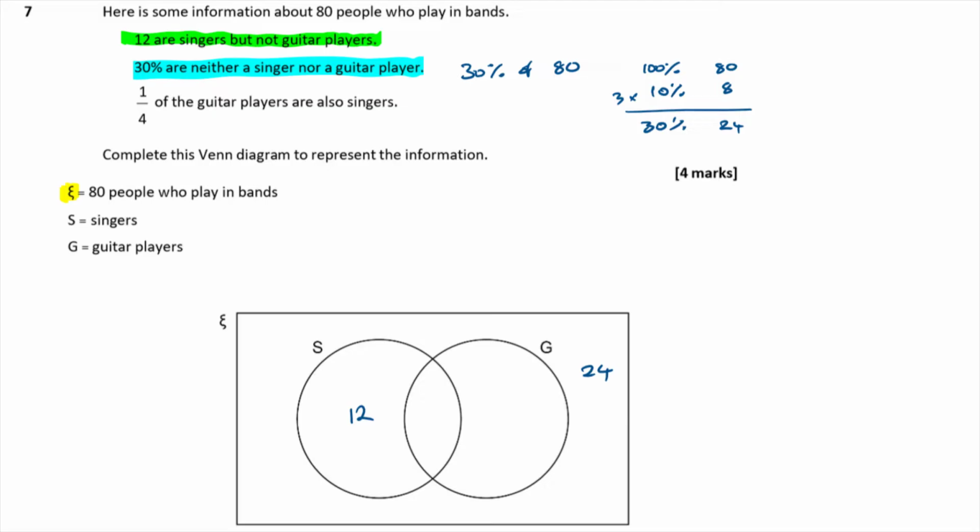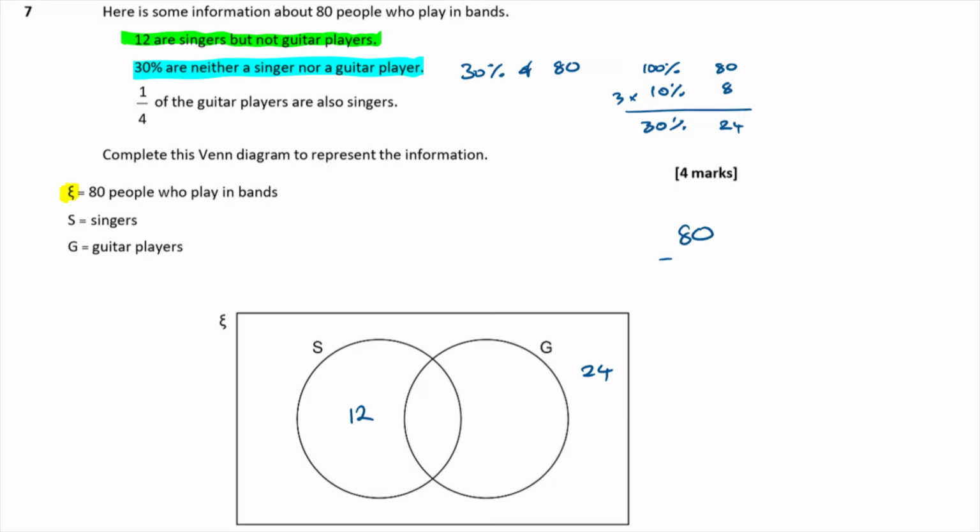1/4 of the guitar players are also singers. Now, we don't know how many guitar players there are, but we do know all of the other regions in the Venn diagram. So I've got 24 who don't play either and 12 who sing only. So that accounts for 36 people altogether so far.